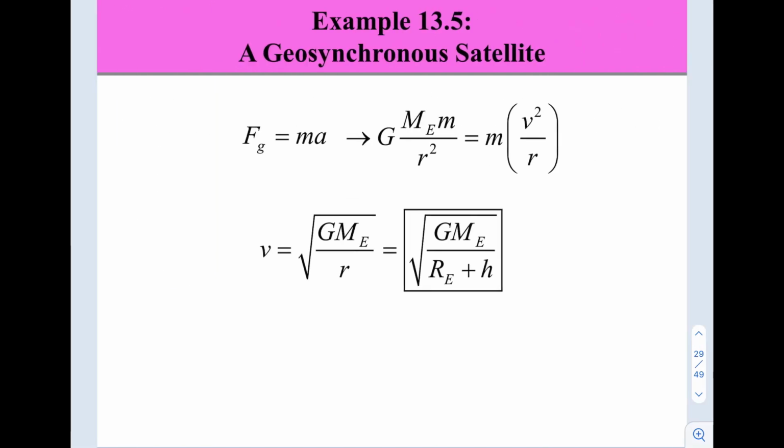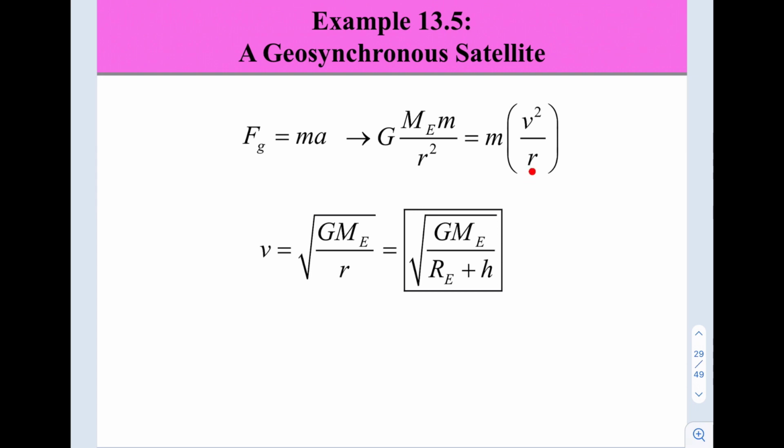So we know that the gravitational force experienced by the satellite will be equivalent to ma. F_G itself is capital G, mass of the Earth, mass of the satellite over r, the distance from center to center, squared. And the mass of the satellite times the centripetal acceleration, which is equivalent to v squared over r.